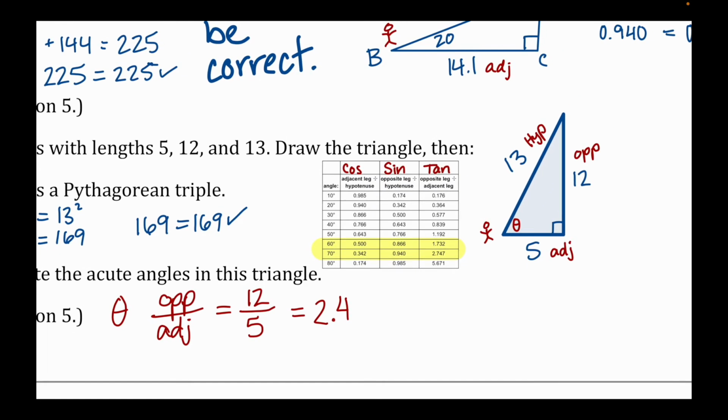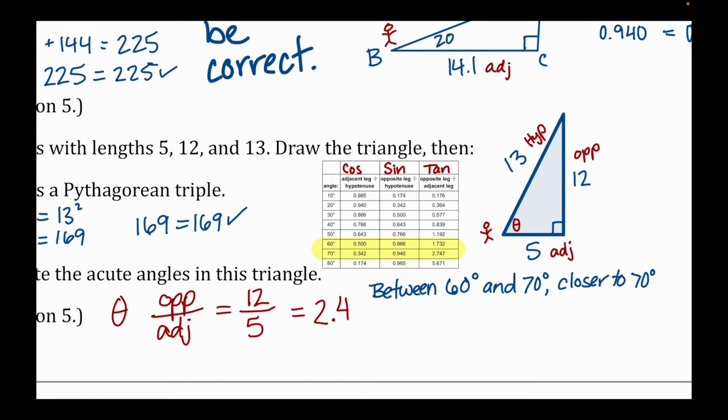And this would be between 60 degrees and 70 degrees. And we're going to say closer to 70 degrees.